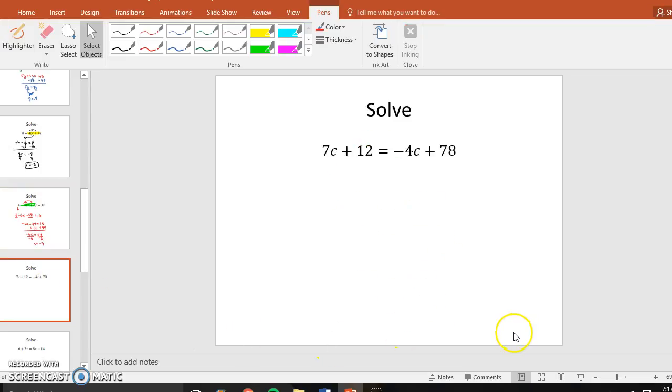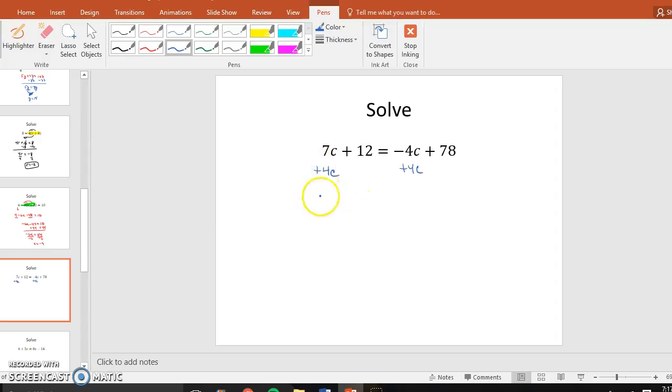Okay. So now, variables on both sides. First thing I want to do here is, do I have any simplifying on the left side? No. Simplifying on the right side? No. So now I'm going to move the variables to the left. So the first thing I do is I add 4c.